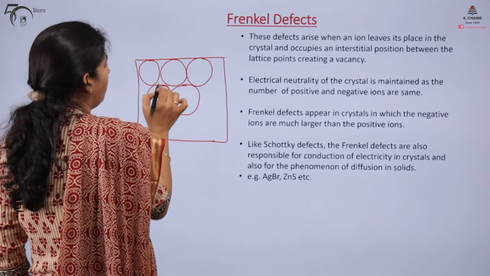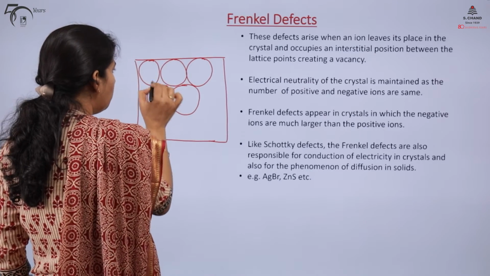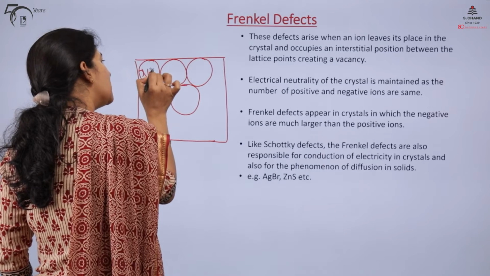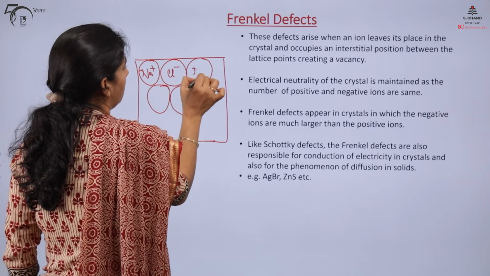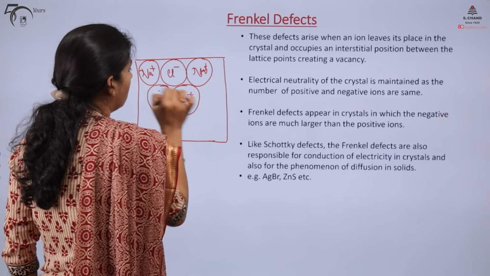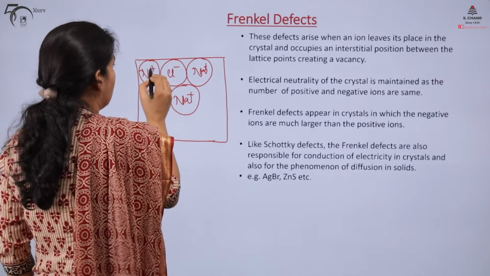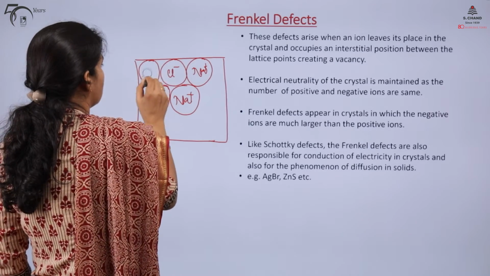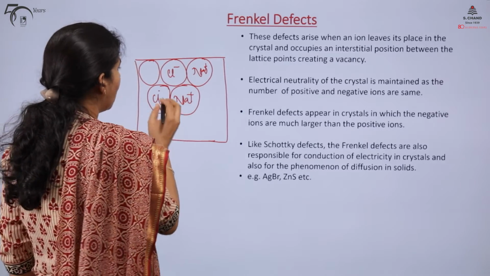So this ion pair is not exactly missing, but it leaves its own position and will occupy another site. It means NaCl will not be present at its own position, rather it will try.